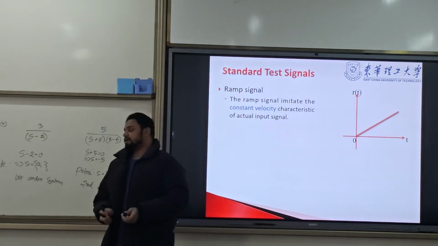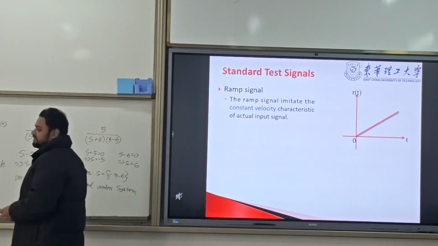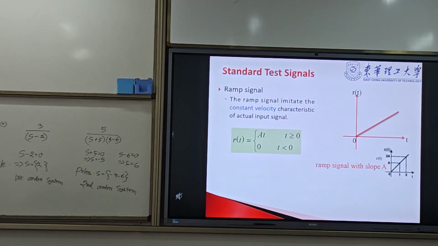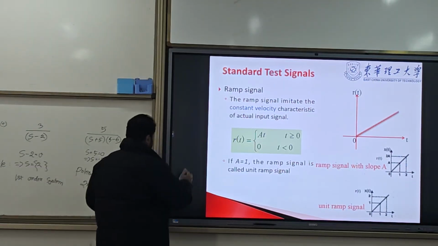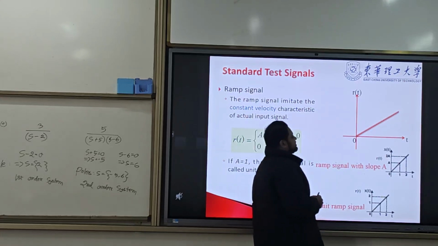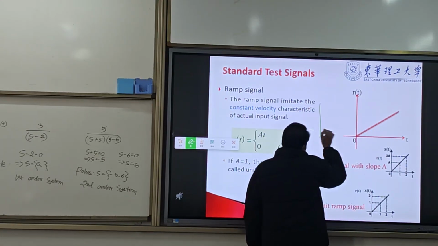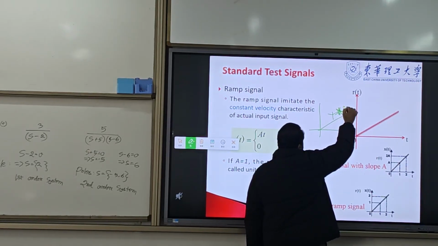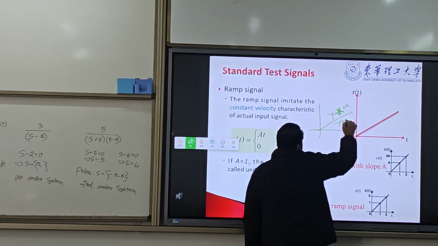Third one, ramp signal. Ramp signal is when there is a constant velocity. Constant velocity, like here, look at this. This is a straight line. If we draw a straight line, that is called y equal to x, or y equal to mx.